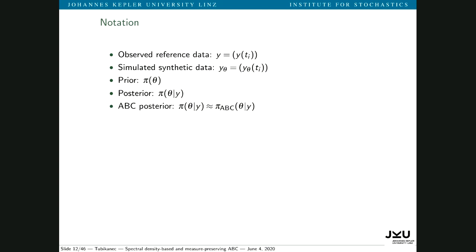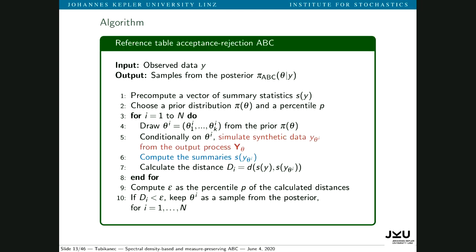Then we have Y theta stands for simulated synthetic data corresponding to paths of the output process. Pi theta is the prior, pi theta given Y is the posterior that we wish to approximate with an ABC posterior.